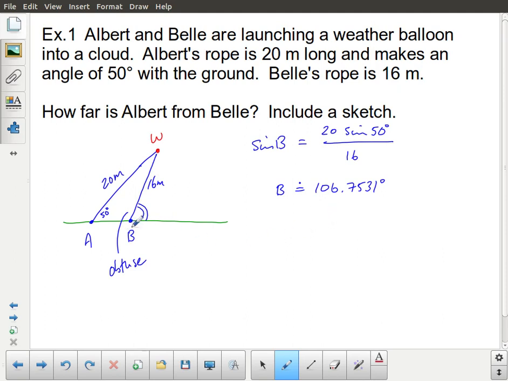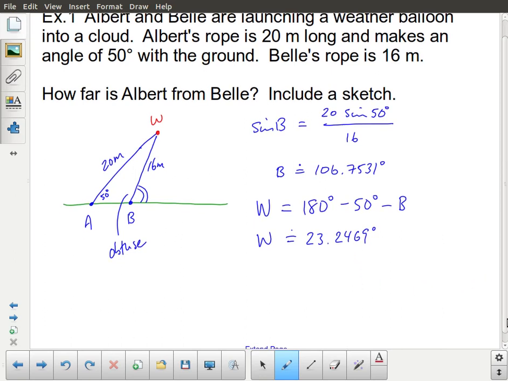And so now from here, I followed the exact same steps that I did before, which is that I have the angle B, which means that the angle W is equal to 180 degrees minus 50 degrees minus the angle B. So the angle W is approximately equal to 180 minus 50 minus that answer. And that's still a valid angle, 23.2469 degrees.